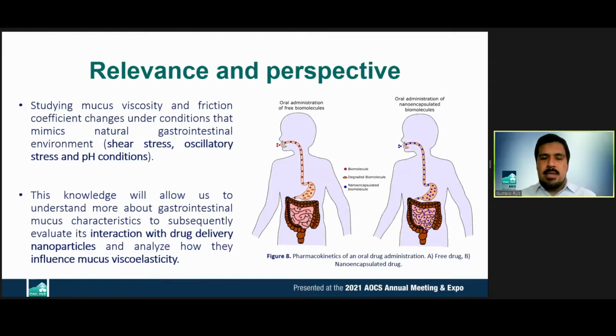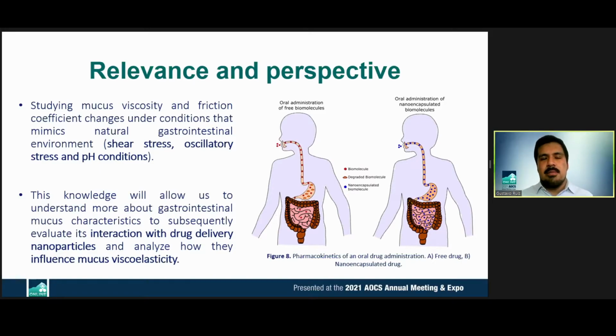Regarding the relevance and future perspective of this project, the relevance is that studying the viscosity and the coefficient of friction under conditions that mimic the human body is important to understand this functional barrier, because it's quite important to know all its properties.